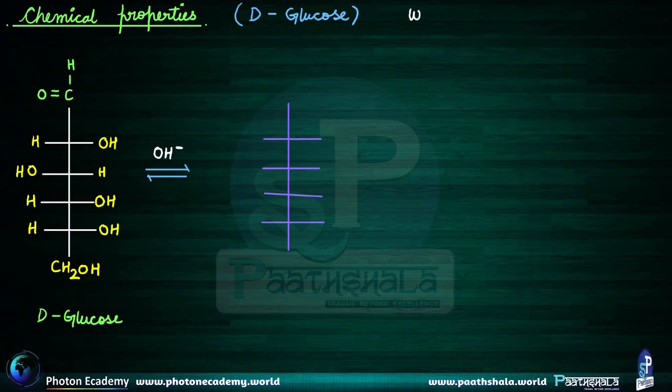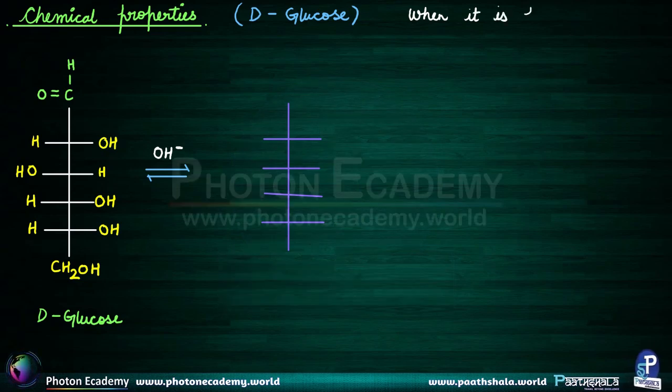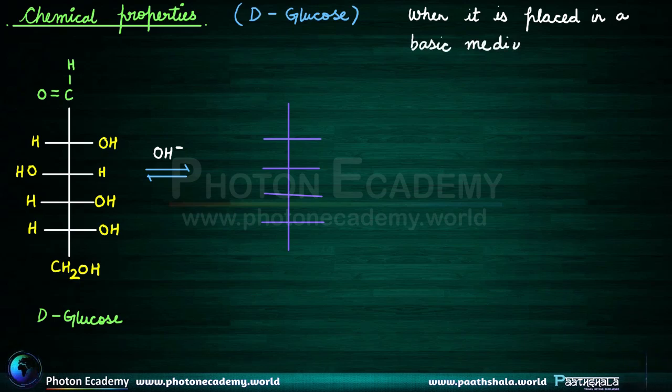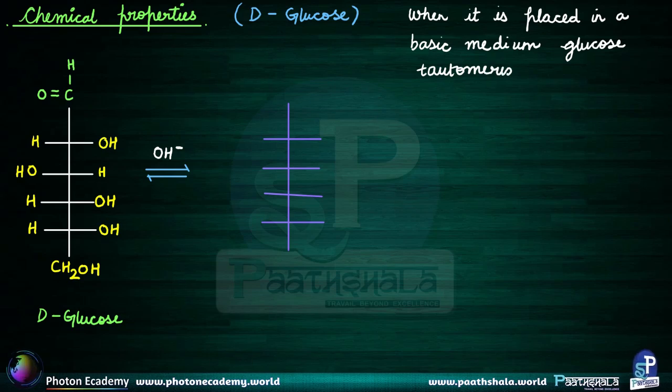That when it is placed in a basic medium, meaning a medium containing OH negative ions, glucose is gonna tautomerize.